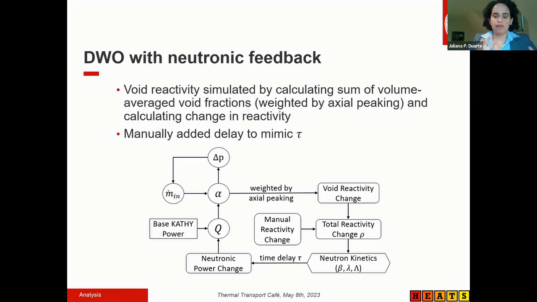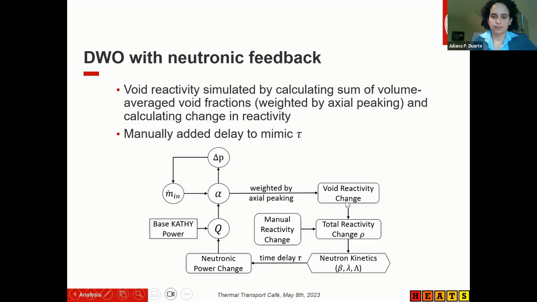So in order to have a direct comparison with the data in a simulation, what we did was to create a control model in TRACE that included the point kinetic equation to do exactly as it was done in the experiment. This is the schematic of the point kinetic equation, where we can see the change in the mass flow rate changes the void fraction, which changes the pressure drop, and you have a feedback here too.